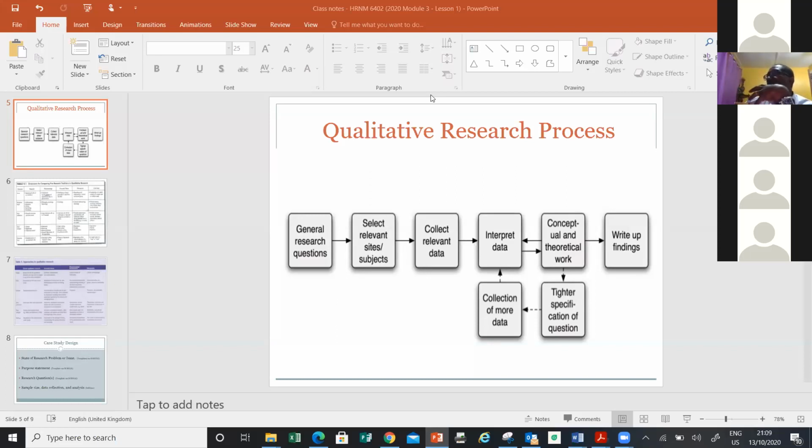Employee engagement, for example, or employee satisfaction. Those are all things that are worth researching.